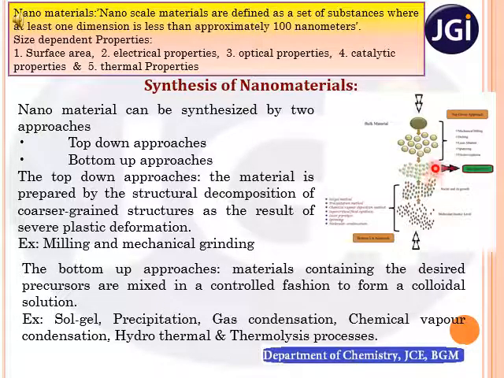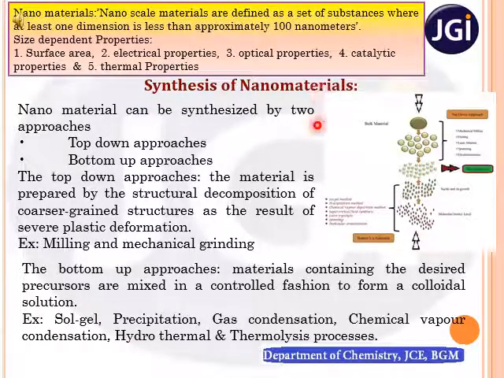That is, in simple ways, materials containing the desired precursors are mixed in a controlled fashion to form a colloidal solution. This colloidal solution is then dried to get the particles whose size is in the order of nano size. So this is another way of synthesizing nanomaterials.